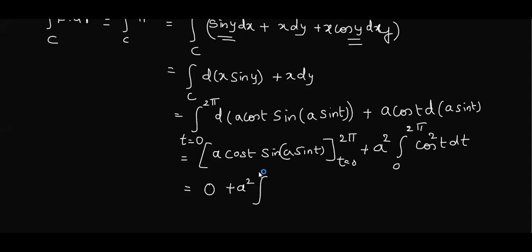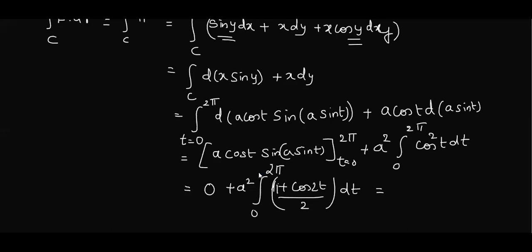What you said, cos cube, is wrong. Now we have to use a formula. You learned this. Cos square t should be written as 1 plus cos 2t divided by 2, and t varying from 0 to 2 pi. Yes. Now we can integrate it.